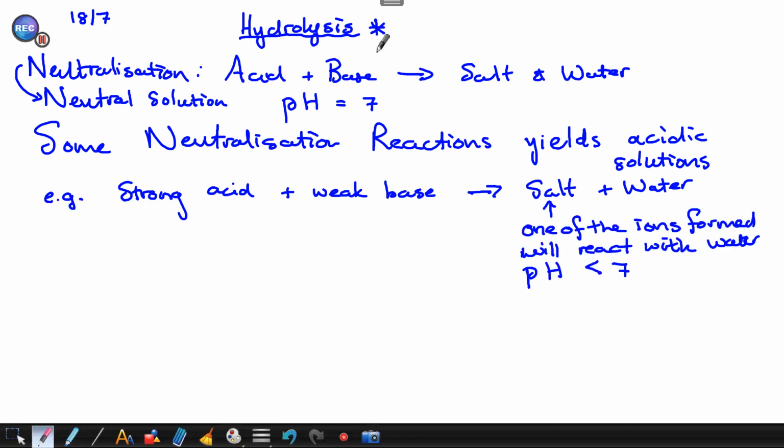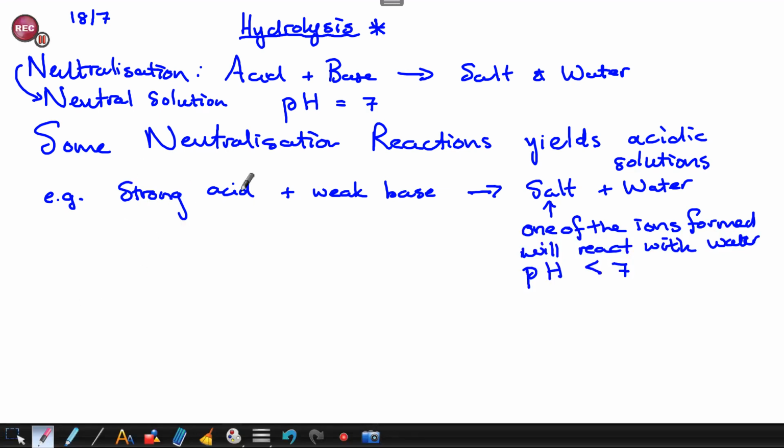And the anions may react with water molecules forming OH. Yes. So cations of the salts will form oxonium ions, anions of the salts will form hydroxides.